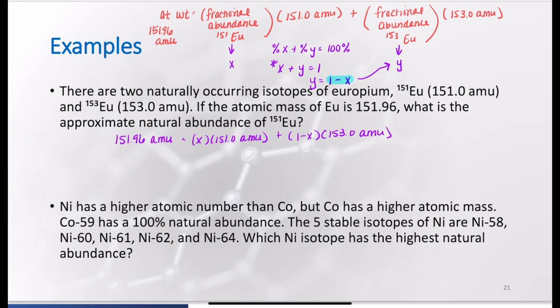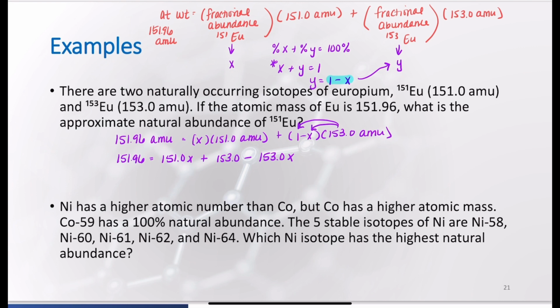Let's go ahead and work this through. 151.96 is equal to 151.0x plus, this is distribution, right? I need to distribute this through the equation. So 153.0 minus 153.0x. I'm going to put all my integers on one side and all my variables on the other. It does not matter which side goes to which.